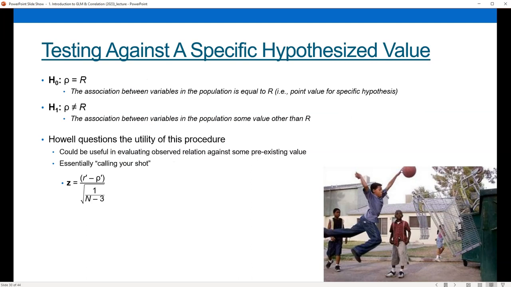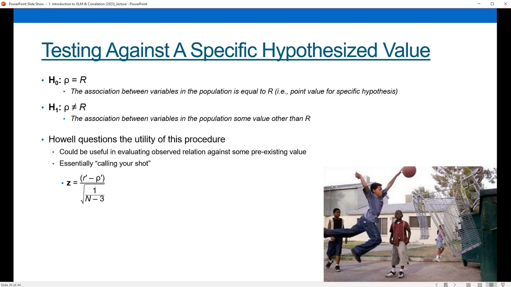So what we did, think about the previous test, is just like an independent sample t-test with correlations. Do we have evidence of a difference in the value of association of X and Y in population 1 versus population 2, okay? But another thing that happens sometimes is maybe I don't want to make that determination.